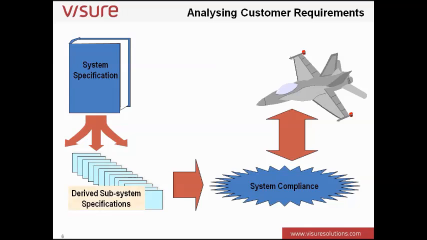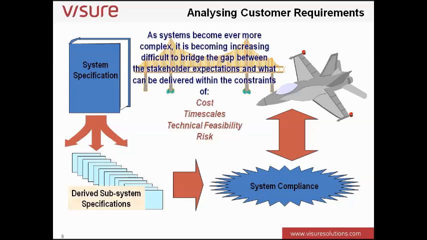They may have a view of where they want the business to go. And these will come in the form of system specifications, or develop down into system specifications, which in turn can end up being spawned out into a myriad of derived subsystem specifications. And in that process, we also have to be compliant with regulations and standards, and through that produce the system.